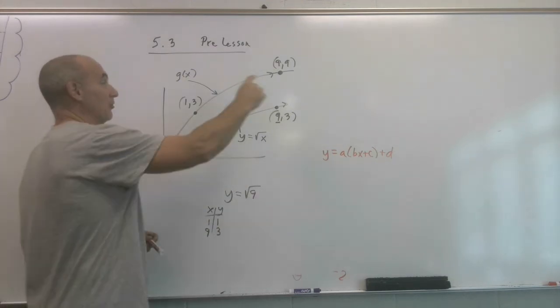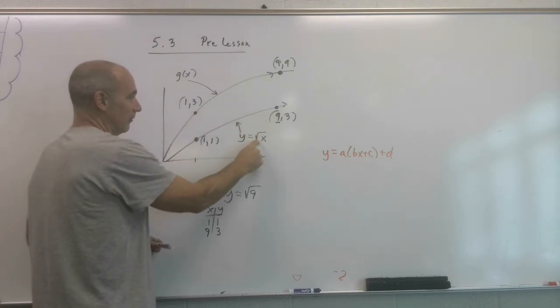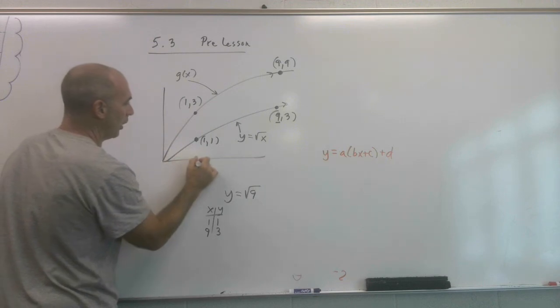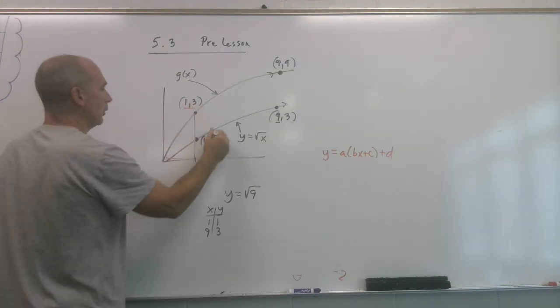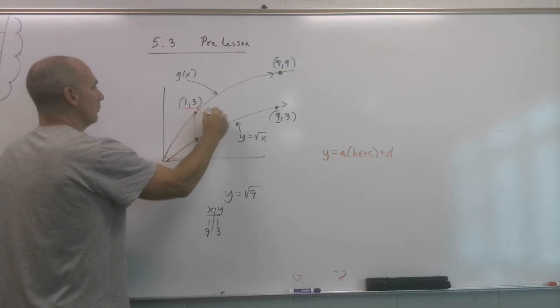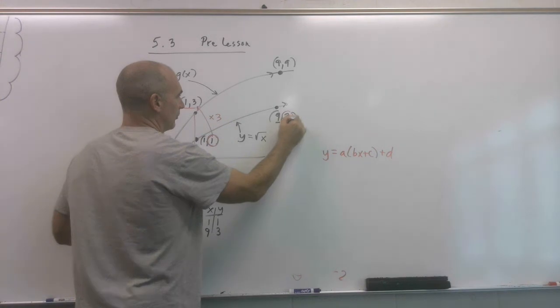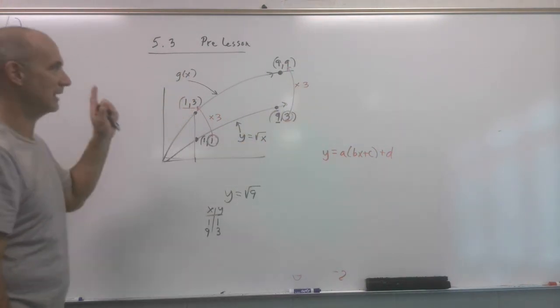But they want the equation of that one. But now you can say, well, this is the parent function. So what happened? Well, if you notice, this is 1, 1. This one is 1, 3. What do we do to the y? We multiplied it by 3. Let's see if that's consistent. There's my y. Did we multiply it by 3? Yes.